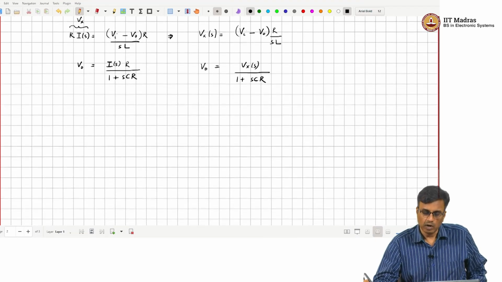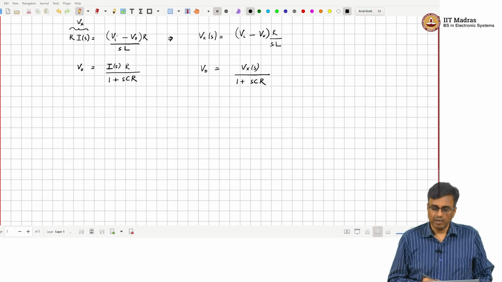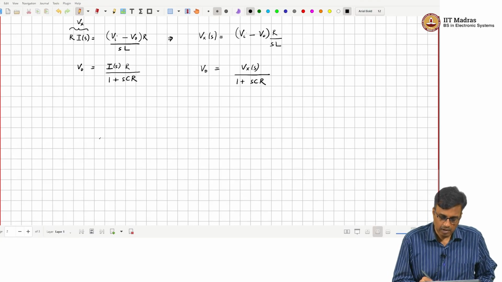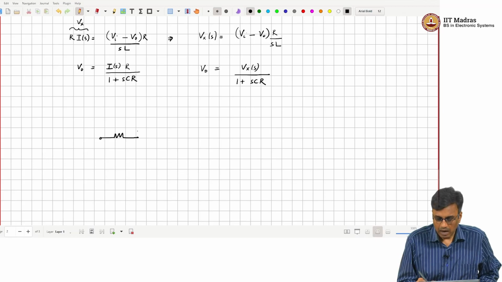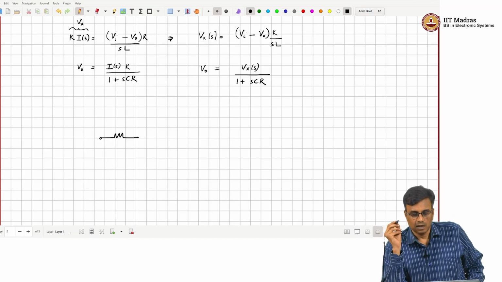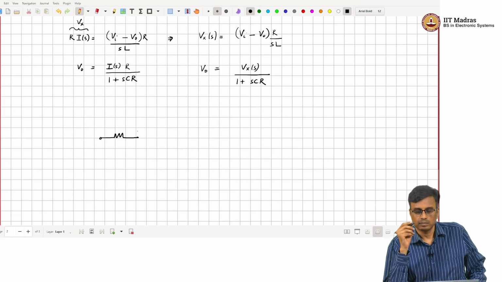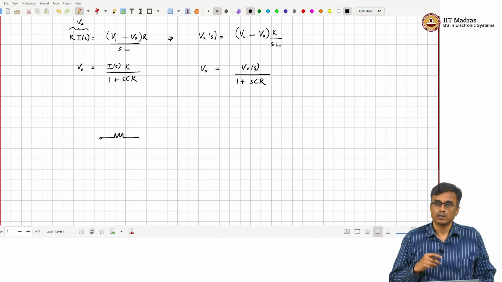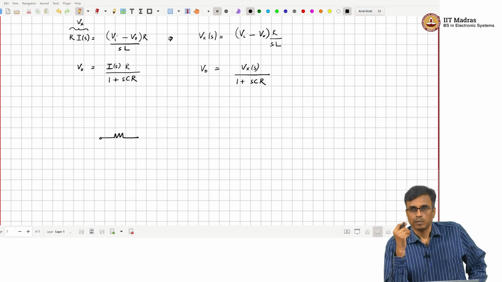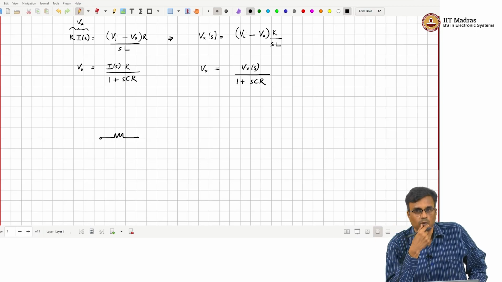So, now if we have Vi and Vo, how will we generate Vi minus Vo times R by SL? Inverting configuration. Pardon? Inverting amplifier. What are we supposed to do? Integrate. What are we supposed to do?